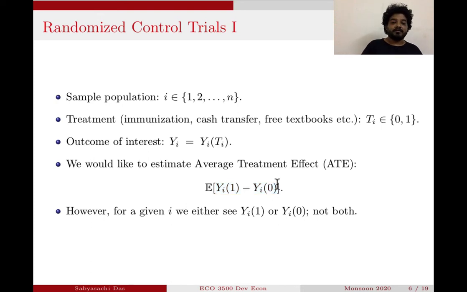The problem is, of course, you have to think about the counterfactual. Why? Because for a given individual, either the person has a bank account or not. So whatever savings information you can collect for the individual, it refers either to yi1 or yi0.